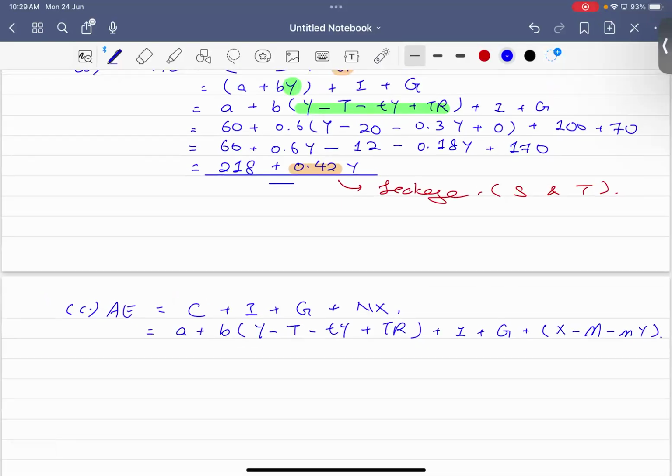In case you're wondering how this formula is derived, again watch back the video that I created. So this part over here, when net exports are included, you will have this formula: exports minus the autonomous imports, minus any induced imports.